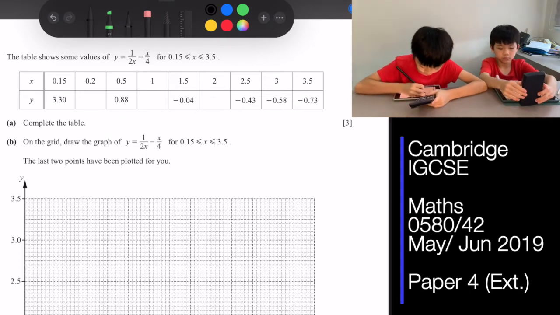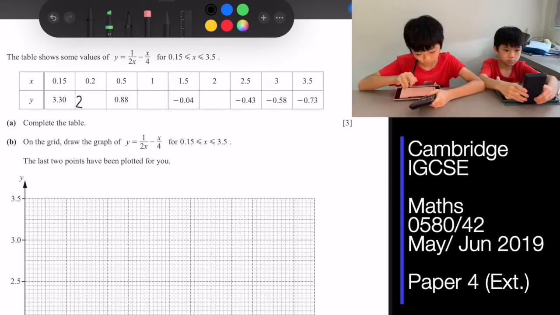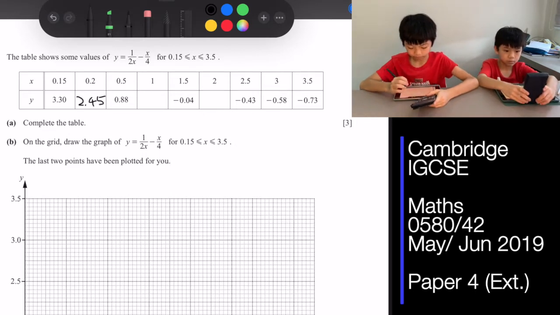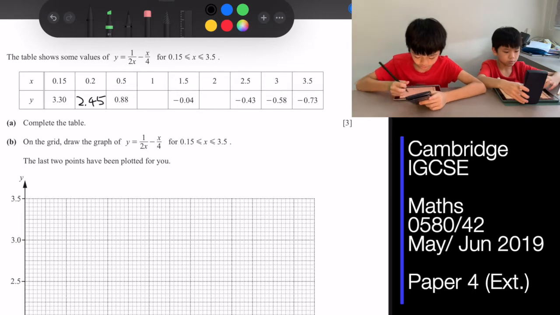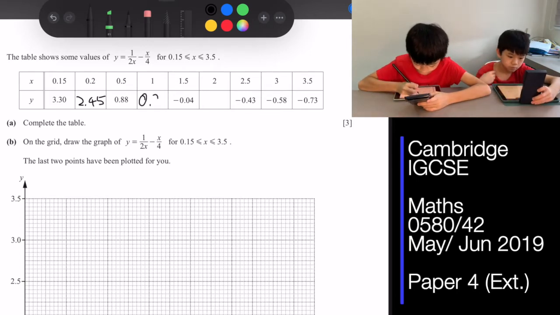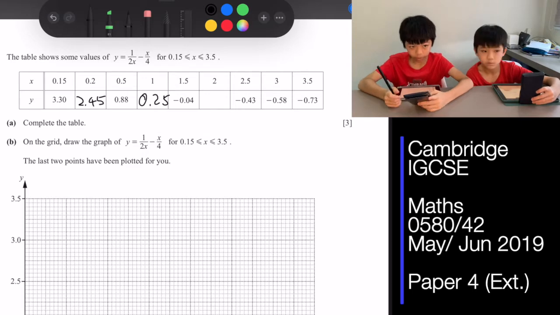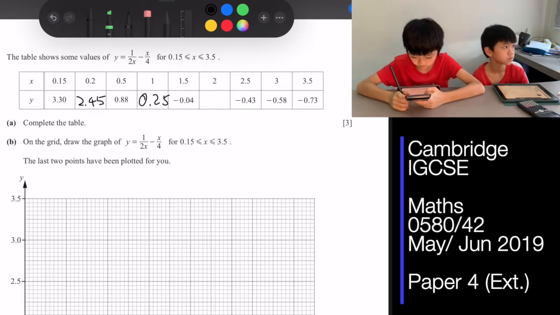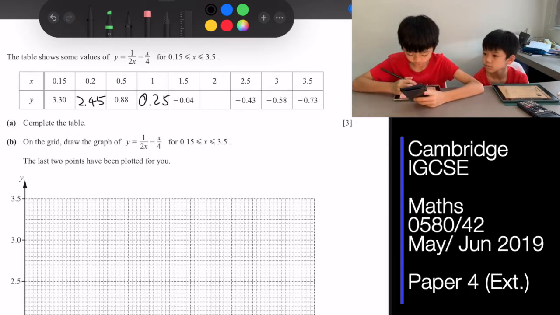So the first one is 2.45. And the second one is half minus 1 over 4, which is 0.25. And then the next one, 1 over 4 minus 2 over 4, which is negative 0.25.